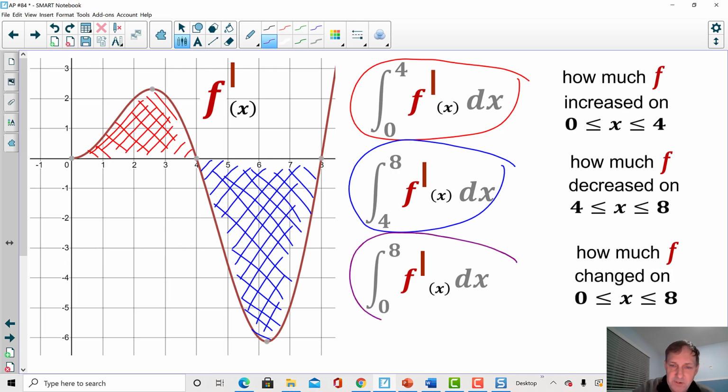And this last integral here basically tells you how much f changed on the interval from 0 all the way to 8. And because the blue region is bigger than the red region, then the net change would actually be a decrease because it decreased more than it increased. So we would expect that third integral to equal a negative number.